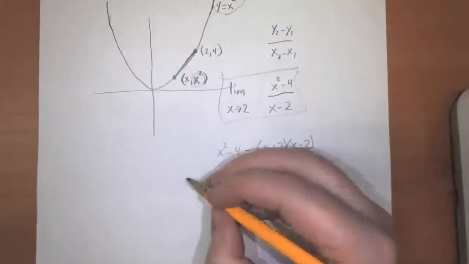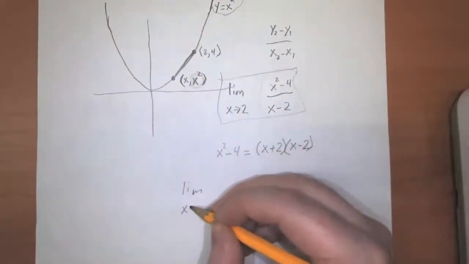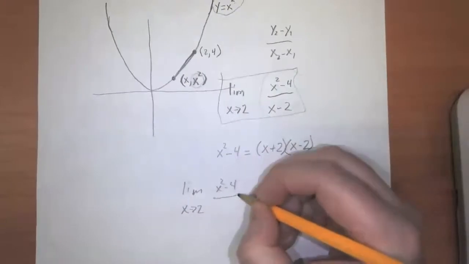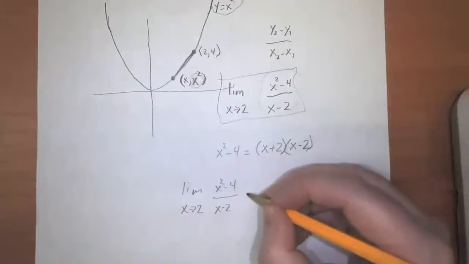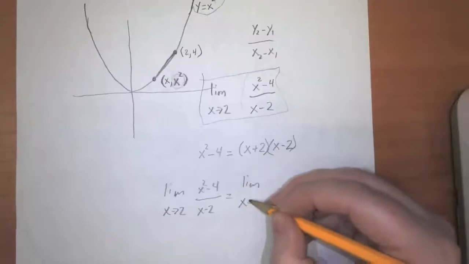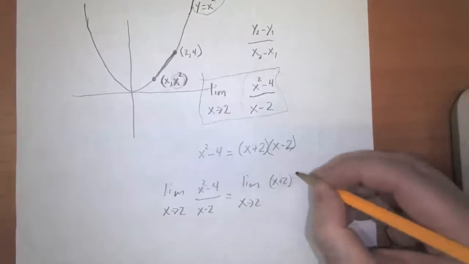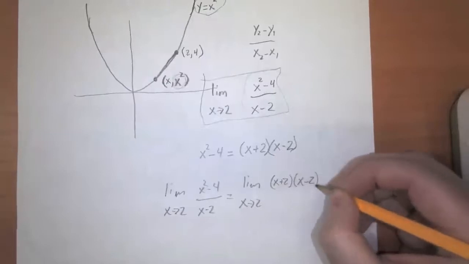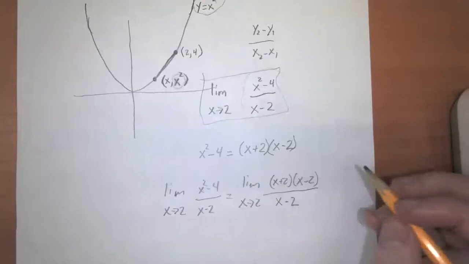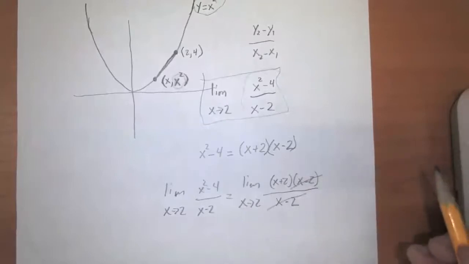And so our instantaneous limit, the limit as x approaches 2 of x squared minus 4 over x minus 2, is equal to the limit as x approaches 2 of x plus 2 times x minus 2 over x minus 2. And we can cancel out these two x minus 2's.